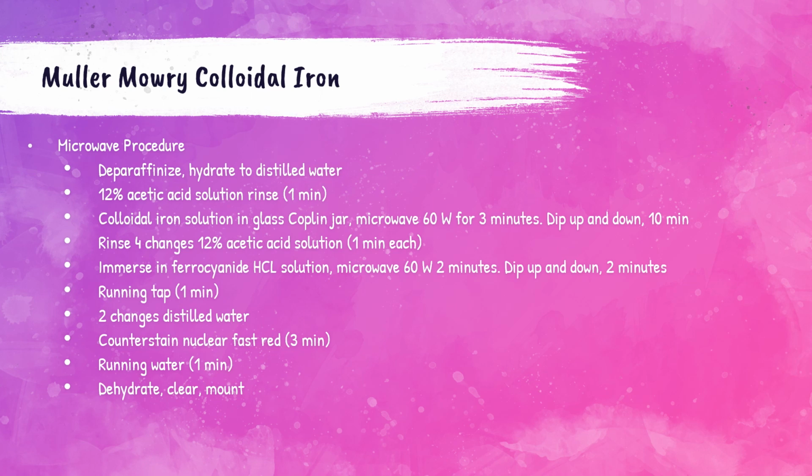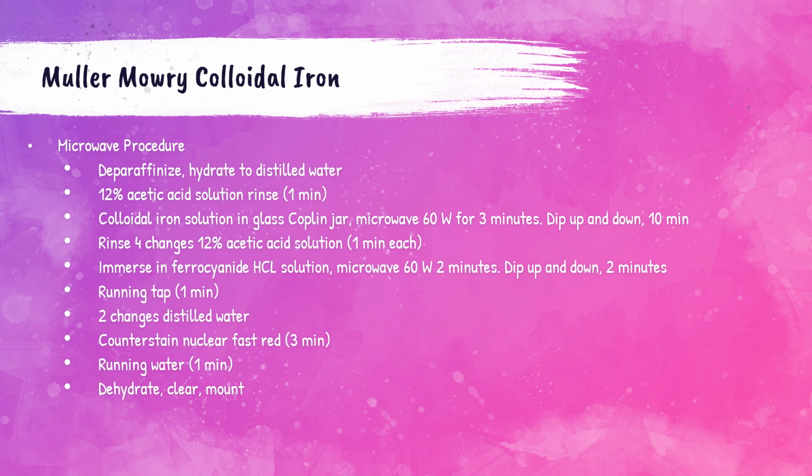So, 1-minute rinses in 4 different changes of the 12% acetic acid solution. After that, you want to immerse in ferrocyanide hydrochloric acid solution and microwave again at 60 watts for 2 minutes. Again, you want to dip up and down for 2 minutes with the slide still in that warm solution.